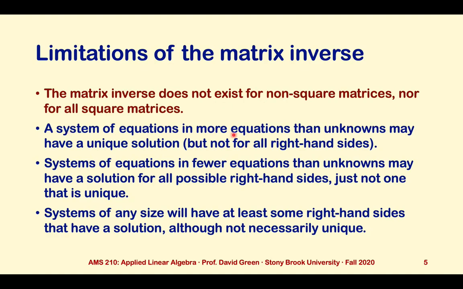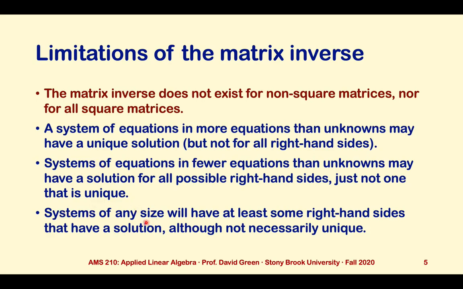Systems of equations with more equations than unknowns can still have unique solutions, although not for all right-hand sides. Systems of equations that have fewer equations than unknowns can have solutions. They can have solutions for all possible right-hand sides in some cases. They just won't have unique solutions.